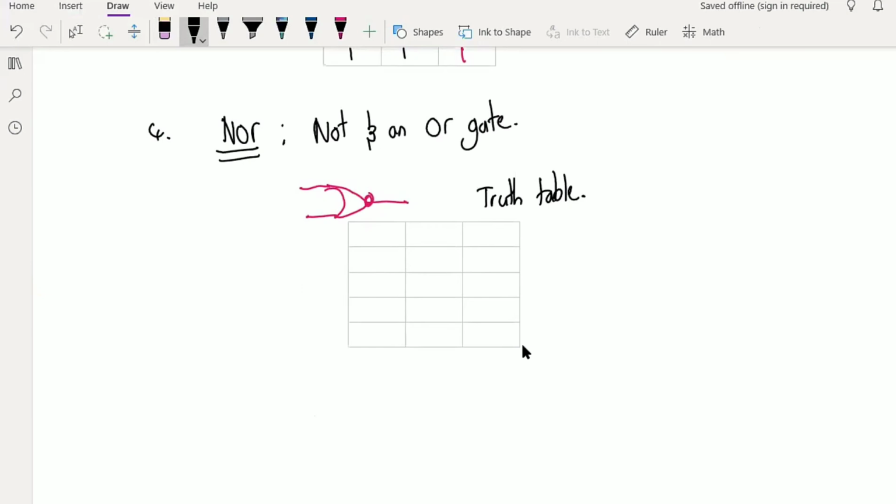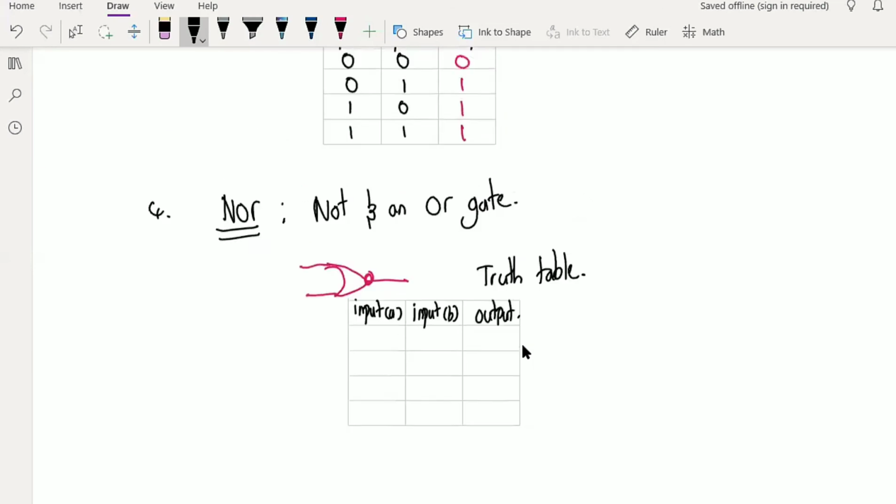We're going to have input A, input B, and the output. Because of the NOT, the NOR gate is the opposite of the OR gate. What happened in the OR gate before?